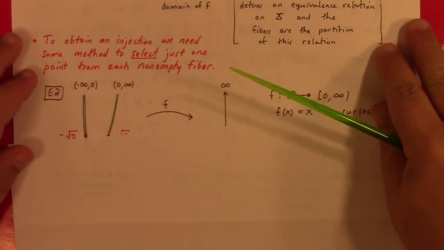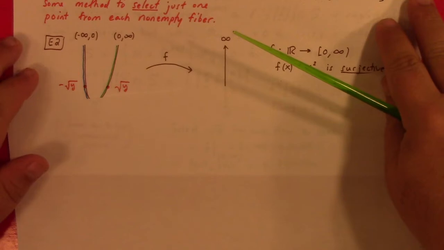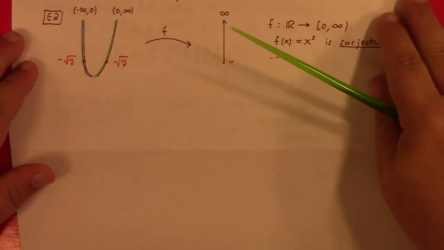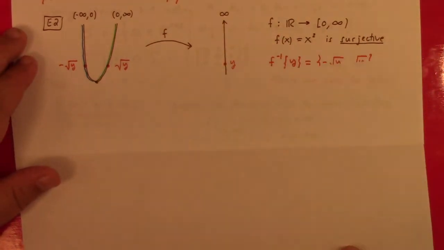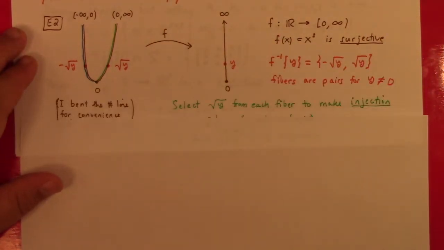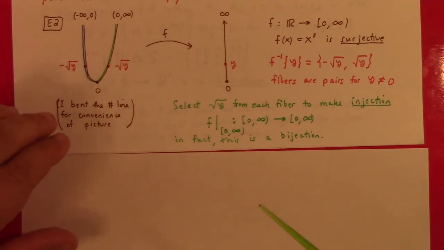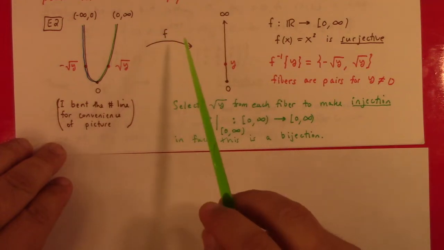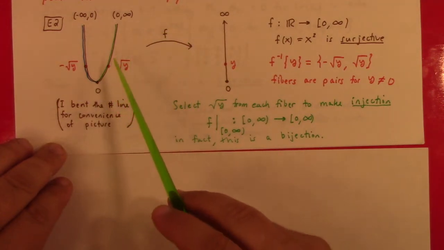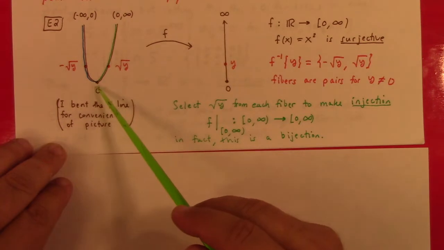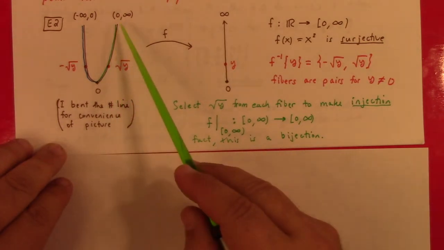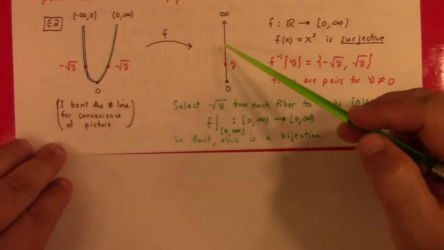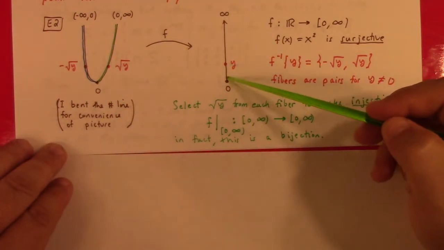I just want to show you how we can select something. Let's look at the fibers of the square map, all right? So here's a picture that hopefully makes sense. I took the number line and I bent it. Under the square map, f(x) equals x squared, the positive real numbers and the negative real numbers both map to the positive real numbers.